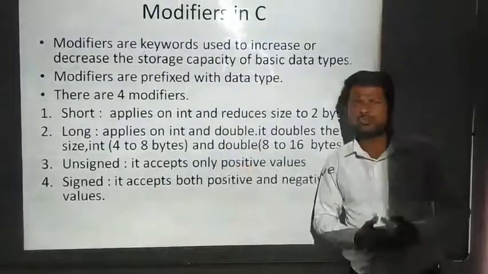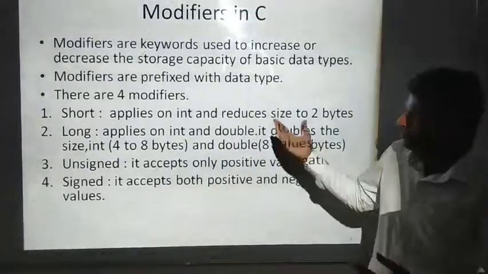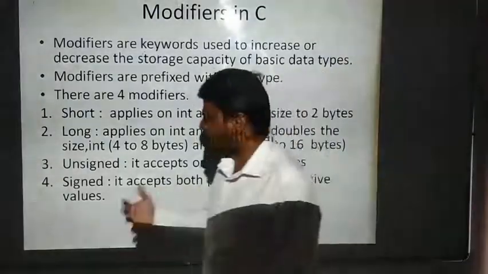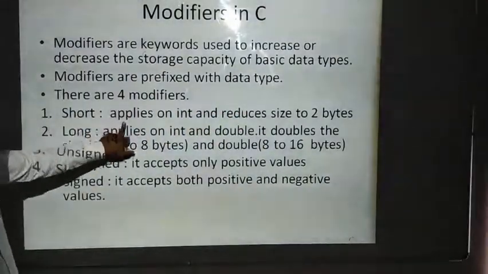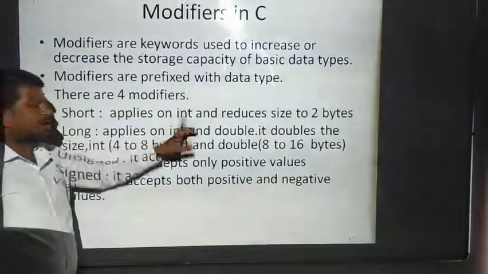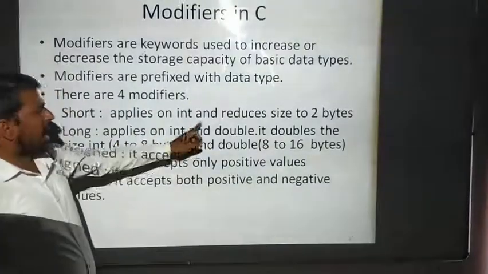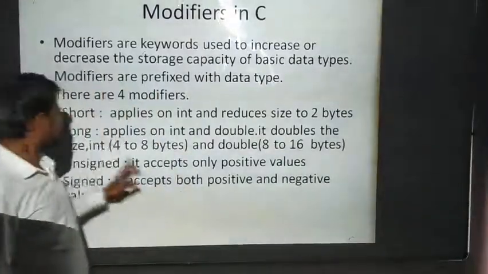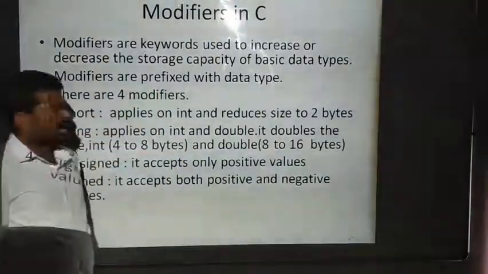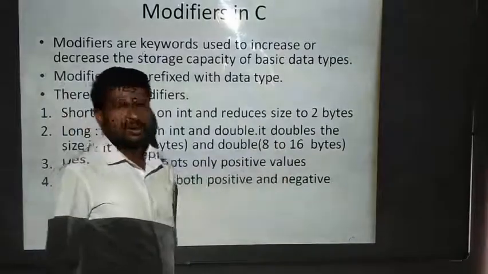There are 4 modifiers: short, long, unsigned, signed. Short applies on the integer data type and reduces the size to 2 bytes.